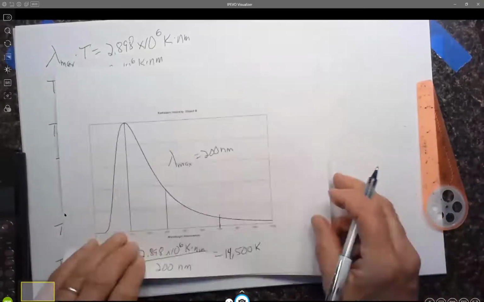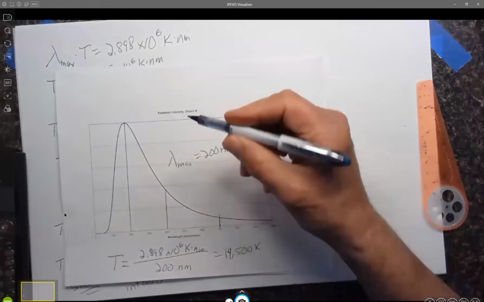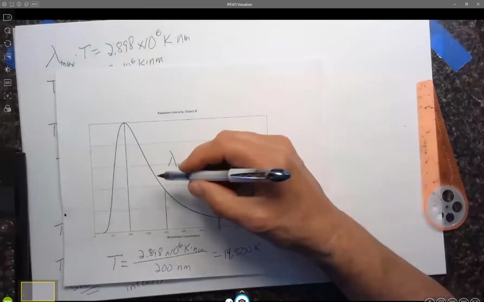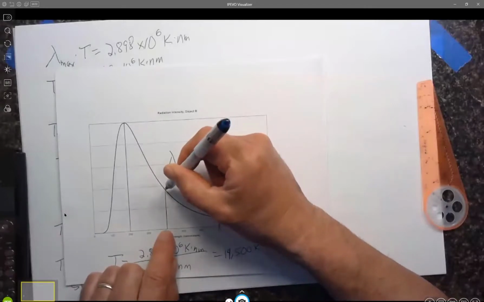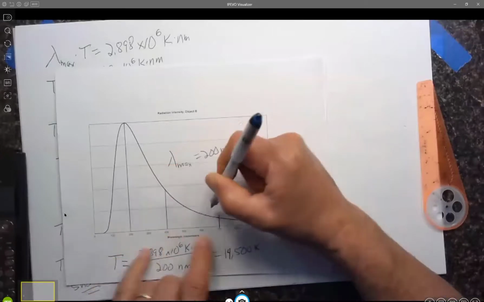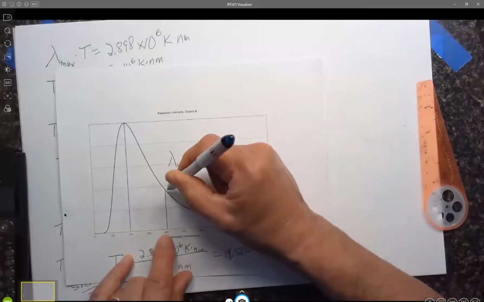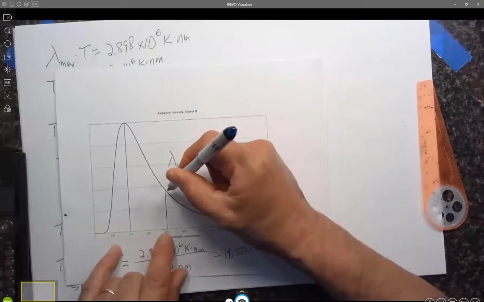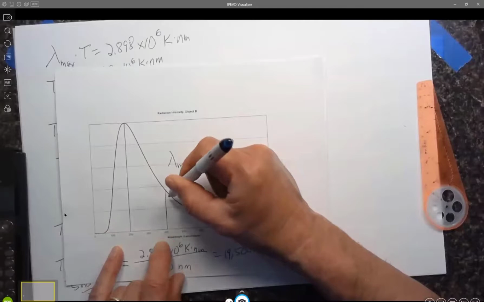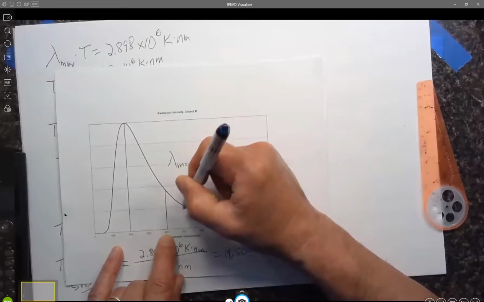Now, with this one, it's a little bit tricky, but not because of what's going on here. Something we can see is that at the violet end of the spectrum, this object is giving off way more light than it is at the red end. Not as extreme as the one we just looked at, where it was giving off a whole lot more red light and almost no violet light.